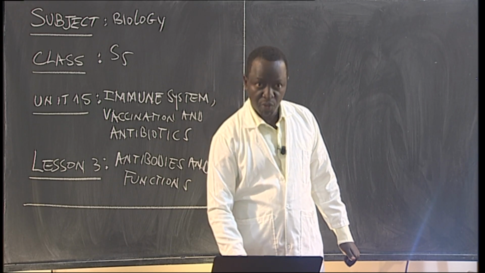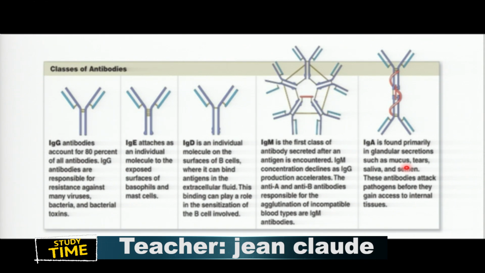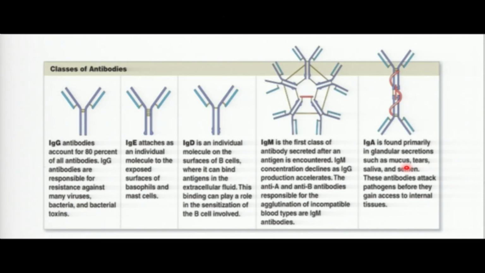And then finally, we have this IgA. This is immunoglobulin A. It is found primarily in the glandular secretion, such as in the mucus. Actually, let me give you an example. Our saliva contains what you call lysozyme.